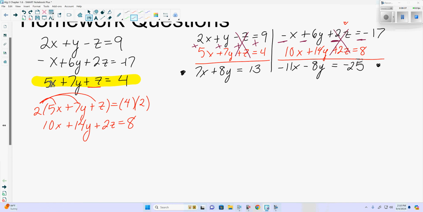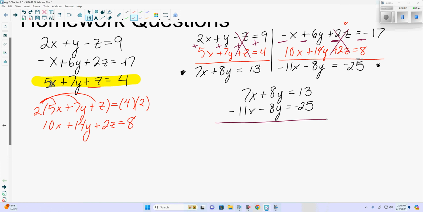But since y is already the same, no reason to do it that way. Questions on this so far?